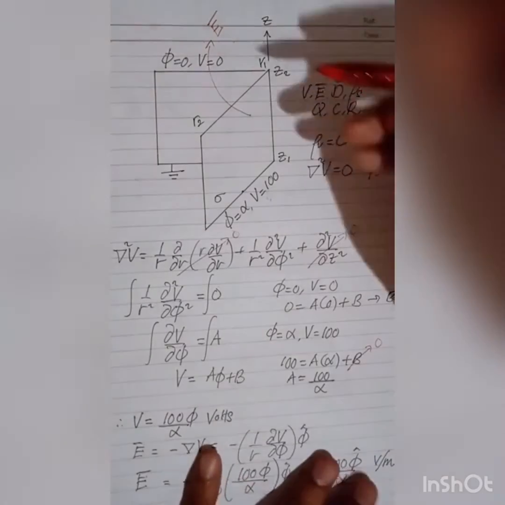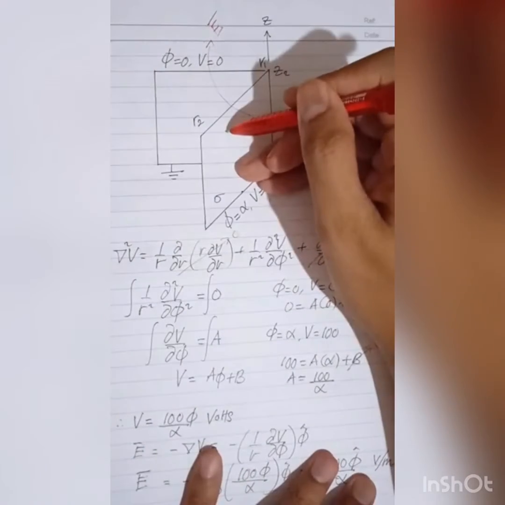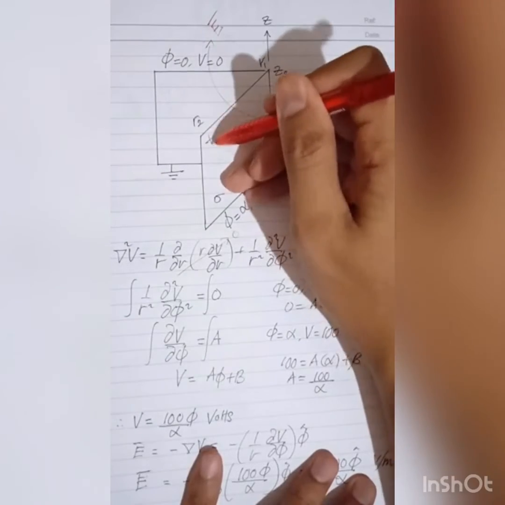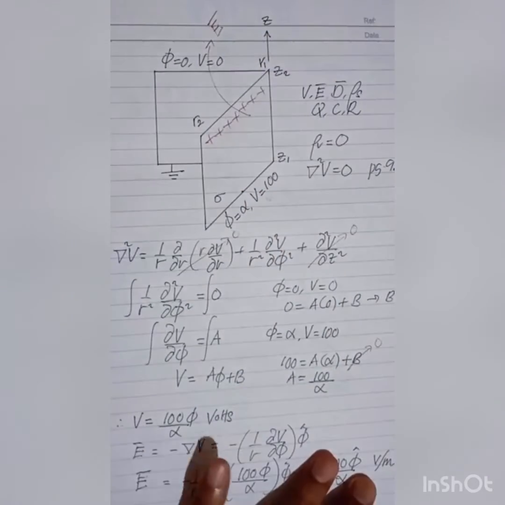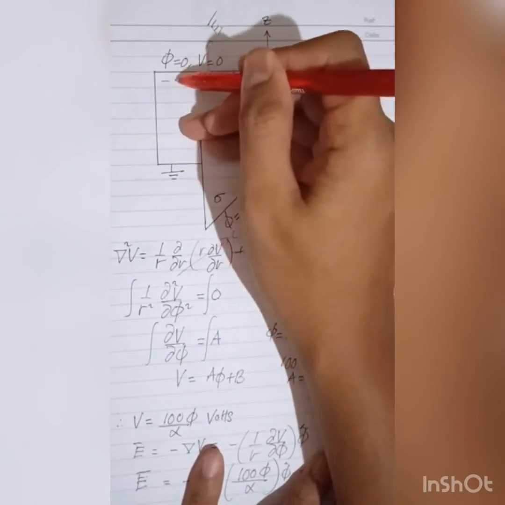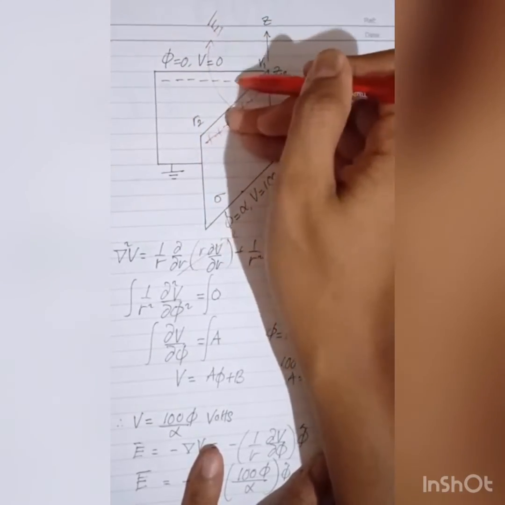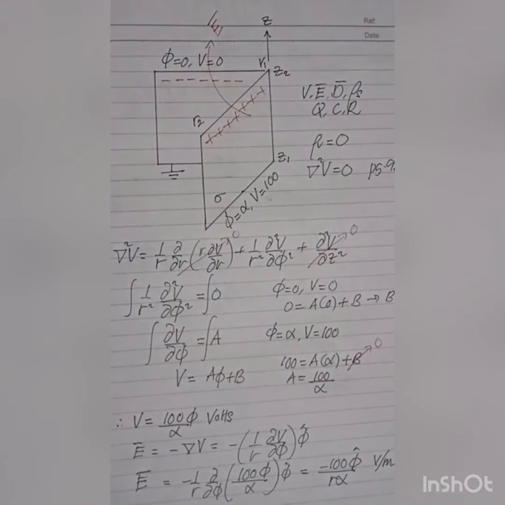So we can simply note that at this particular plate we have positive charge, and over here we'll have a negative charge.